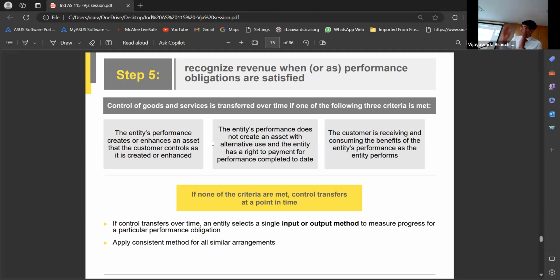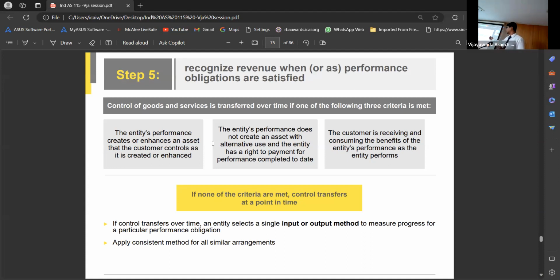After time passes, even for the same company, it's not useful. It's very fundamental and specific to that situation. So if you are entitled to get payment till that period, yes, you can apply the over time condition.